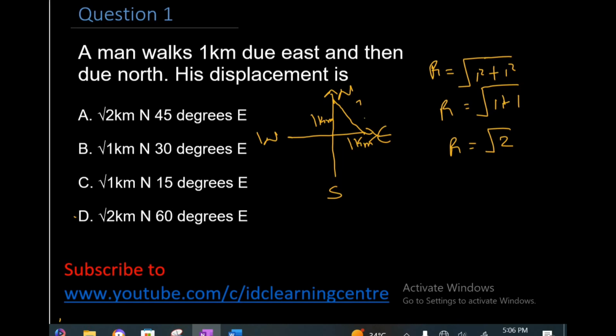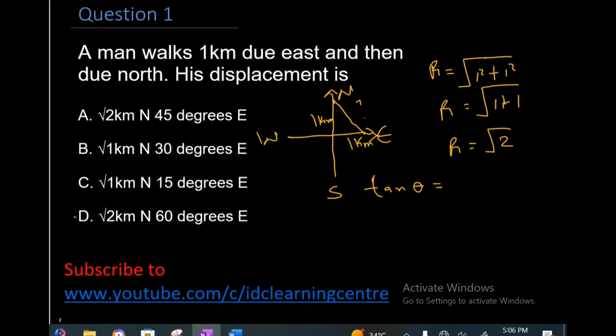So that's the value for r. Now we're going to find the angle of inclination of the north and the east. We have opposite given and adjacent given, so we are going to make use of tan. Let's represent the angle with theta.